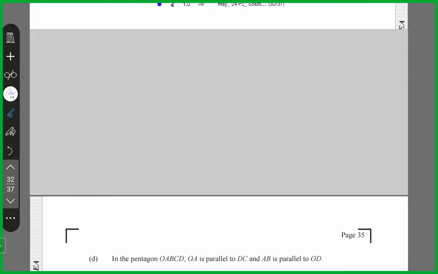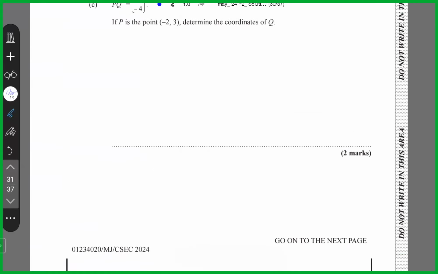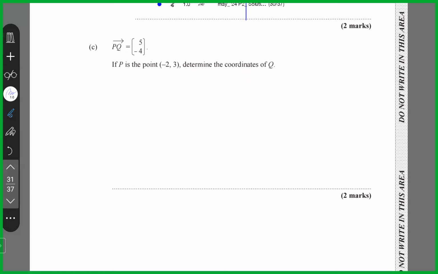Now we're down to C. Here's what we're told. PQ is the column vector 5, minus 4. If P is minus 2, 3, determine the coordinates of Q. So first of all, the position vector OP is minus 2, 3.